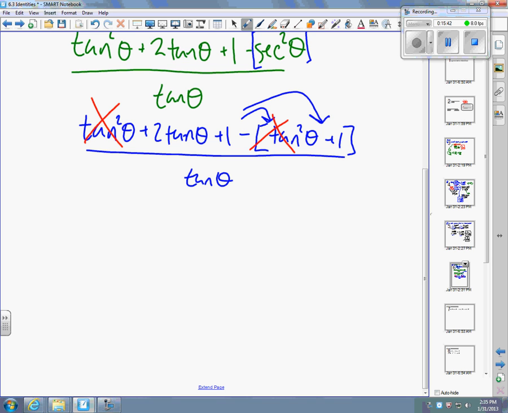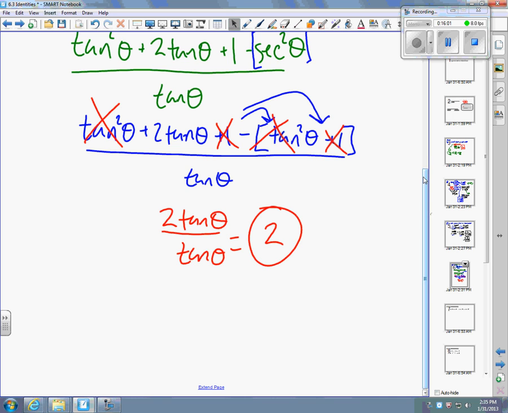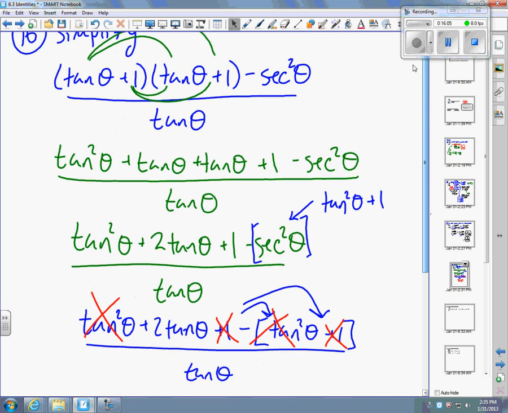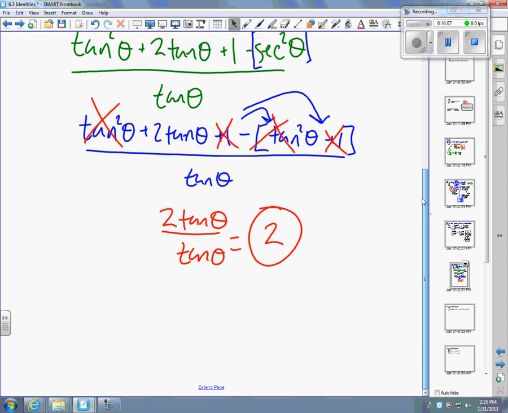This negative goes all the way through. It turns that into a negative 1, which is going to cancel with that. So really, all you're left with is this over this, which is just 2. So the identity part of it would be this intro piece, and it would say equals 2. You'd leave the 2 alone, you'd do this work, and you'd get that, and you'd be done.